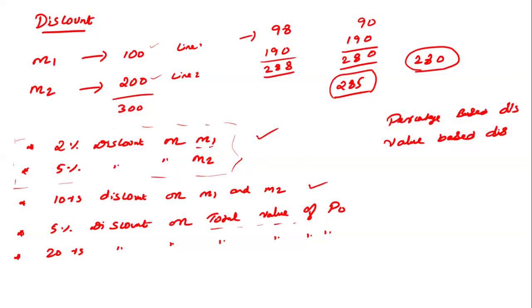The information you have in the header applies for all the material. The information you have in the item applies only to the item. Then if he is giving a discount on the material level, that is an item level. If he is giving a discount on total value of PO, then it is header.